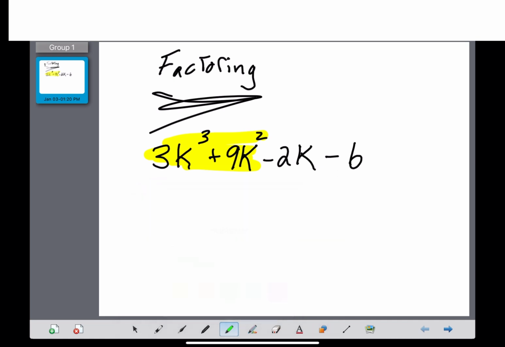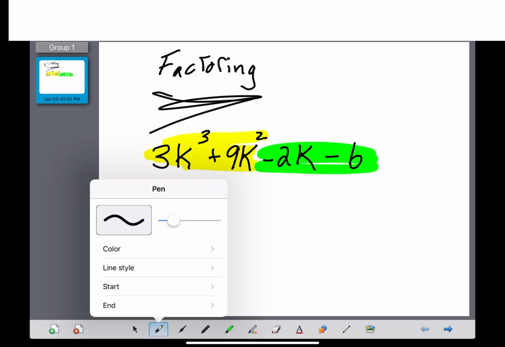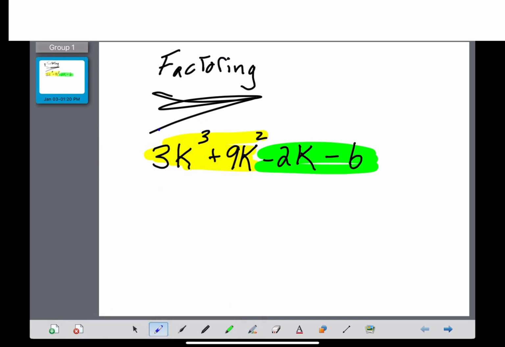We'll put these two together, factor out a GCF, and then hopefully what we have inside parentheses is the same. If we take those first two, we take out a common factor, number-wise, I think we can all agree that it's 3. Variable-wise, remember we go to the smallest exponent, so 3k squared is our common factor.